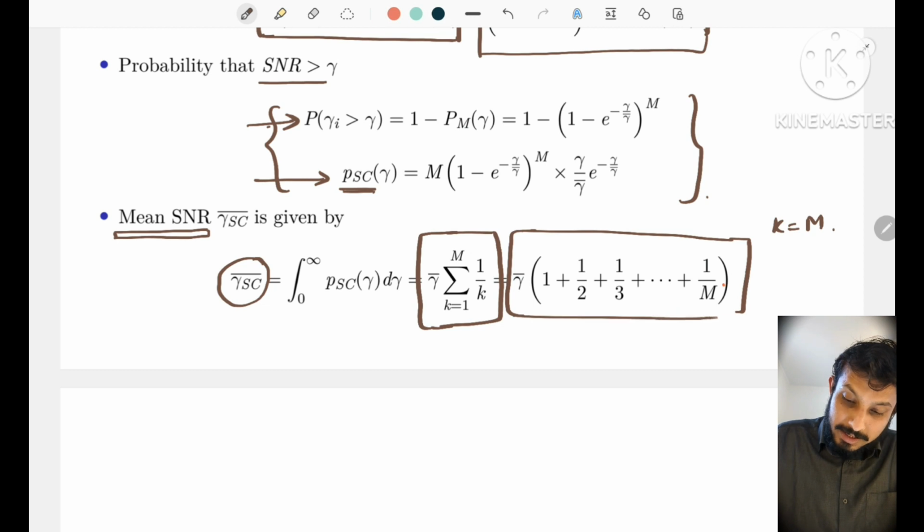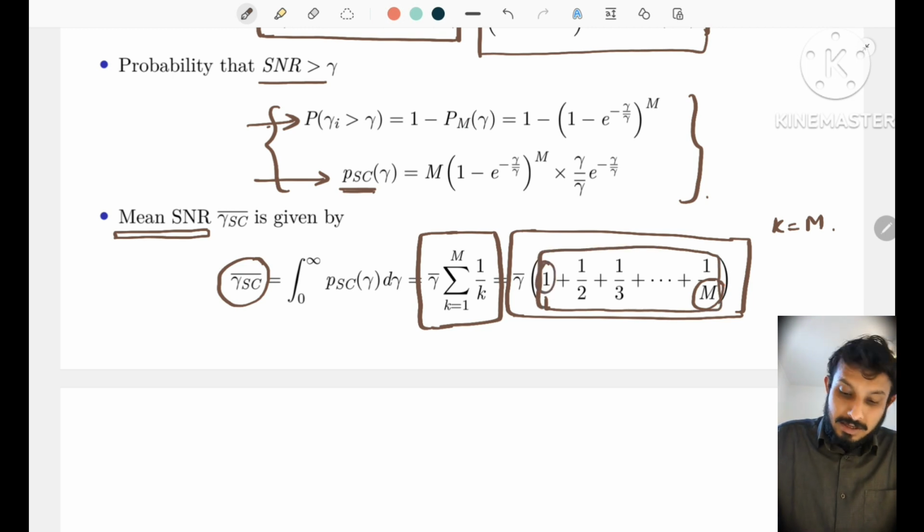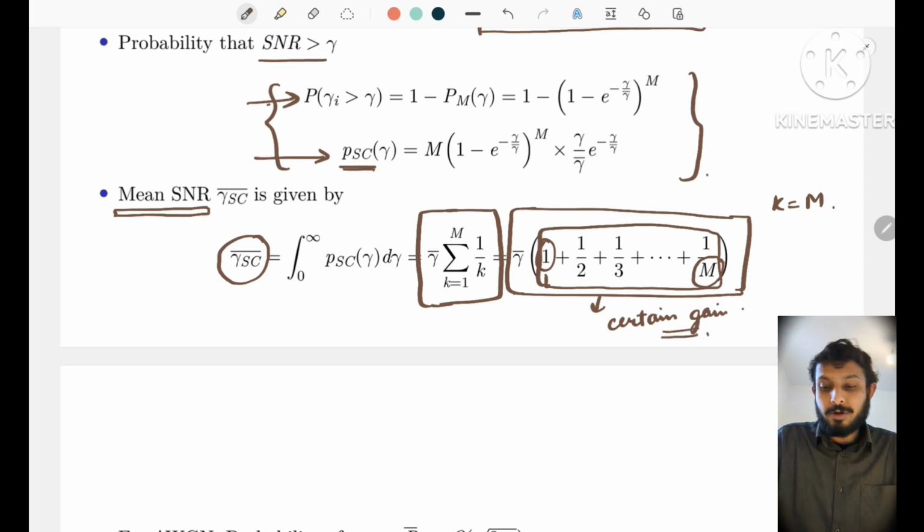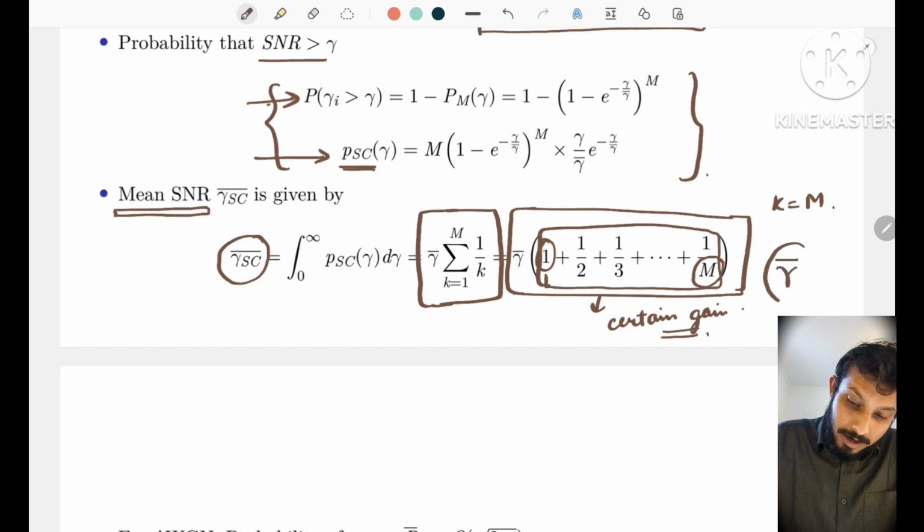You can see that whatever the value of M, this value will always be greater than 1. So it can be easily observed that there is always a certain gain that we achieve when using selection combining, and it will always be greater than gamma bar.